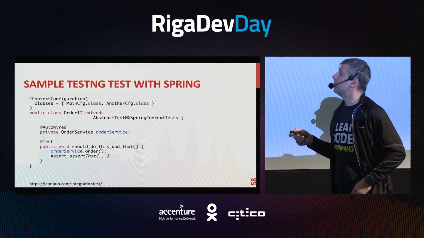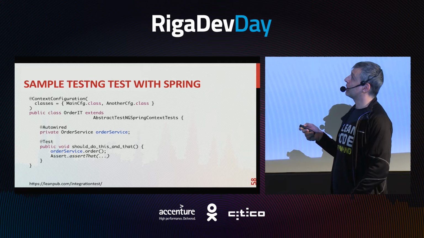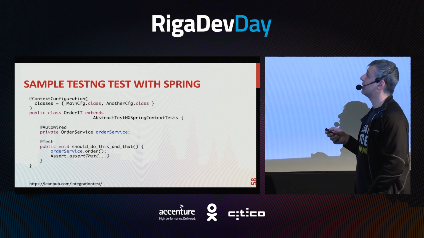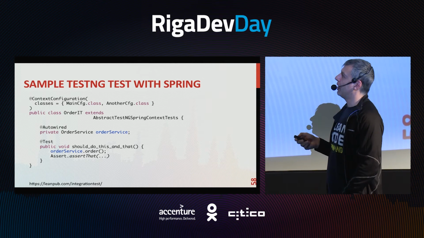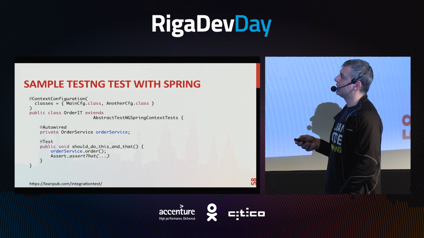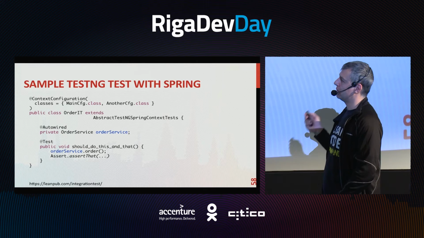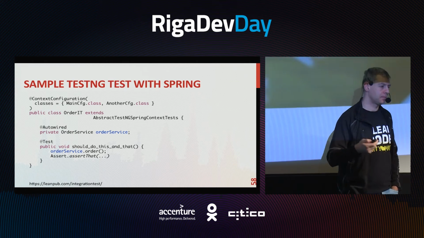In this snippet, I will be using MainCfg.class and AnotherCfg.class as configuration classes. As I told you, I extend the abstract TestNG class, and I autowire, or inject, the order service, so I can call methods on it, and I can assert whatever I want, perhaps by injecting other beans.